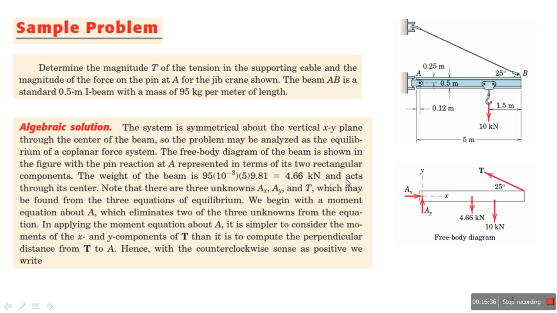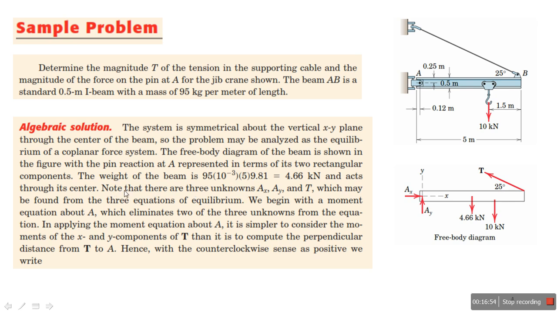There is no difference, and it acts in the center. Do not forget, because I have a beam, we always say that weight acts in the middle of the body.